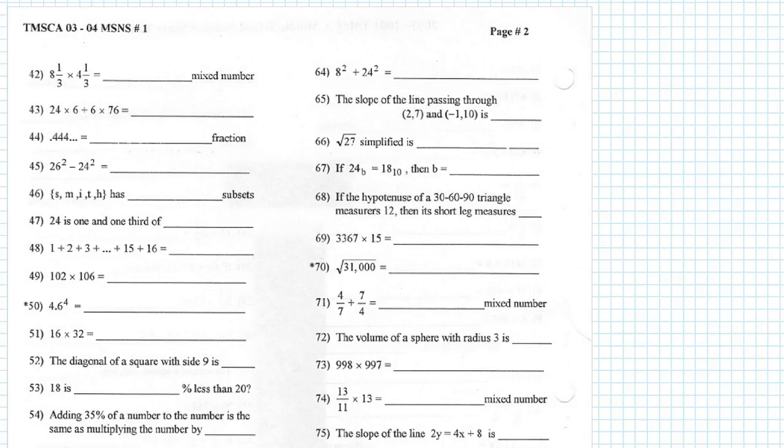So when you add those two, you get 12 by 3, which is 4. And then 1/3 times 1/3 is 1/9. So you have 32 plus 4, which is 36. And 36 and 1/9 is 36 1/9. So we'll just write it as 36 1/9.